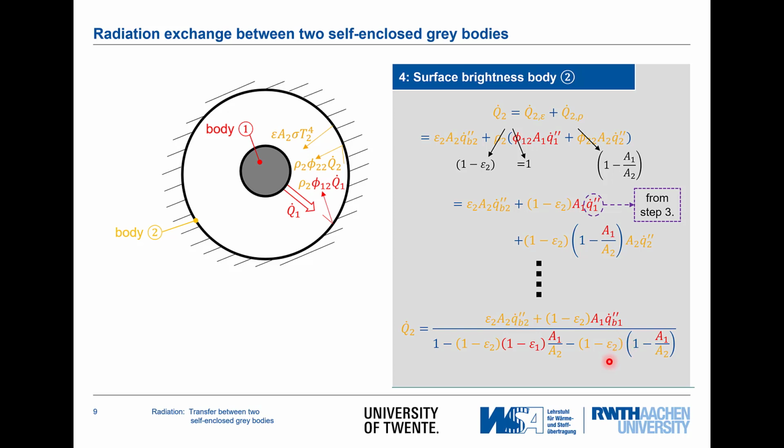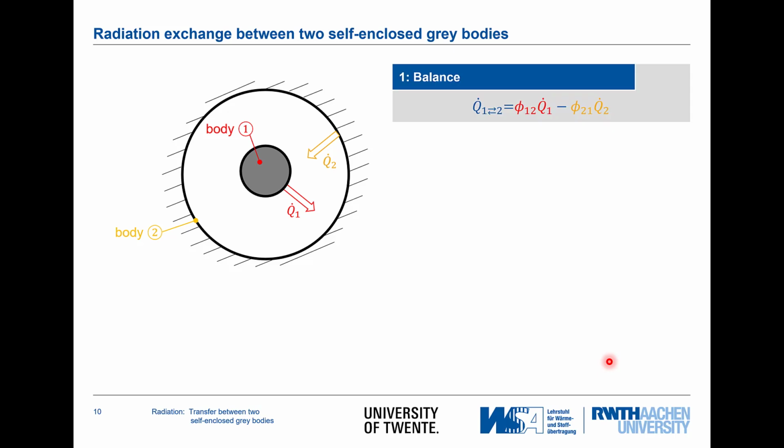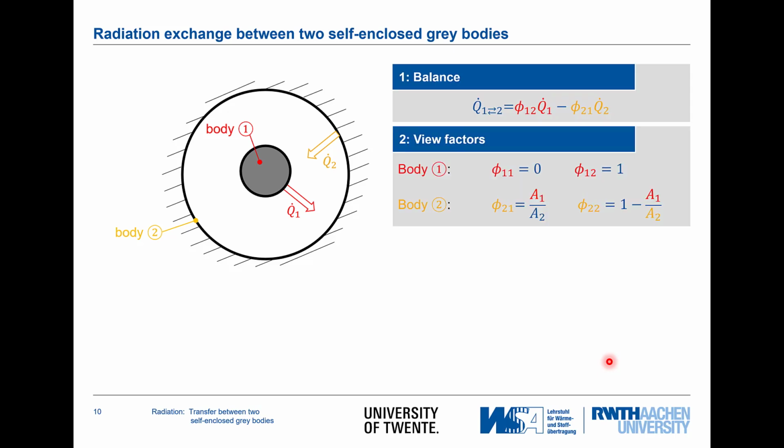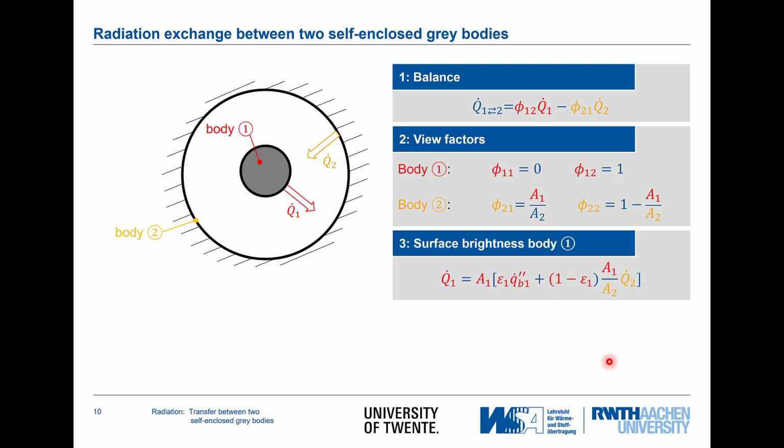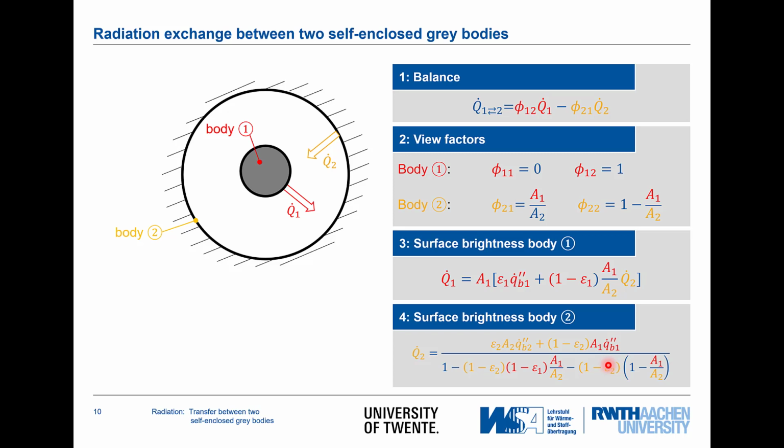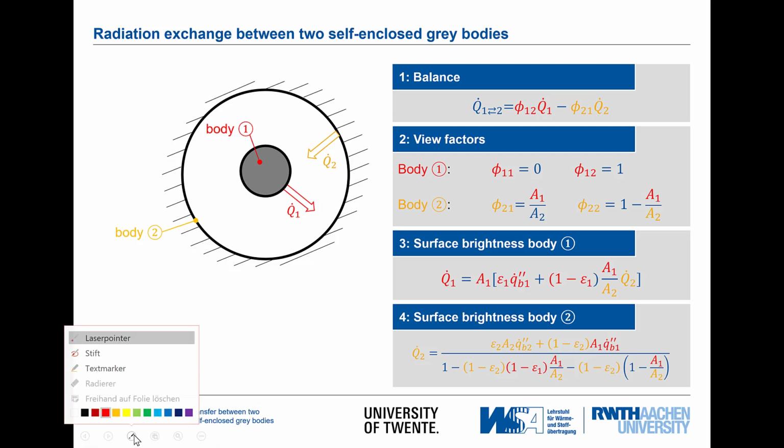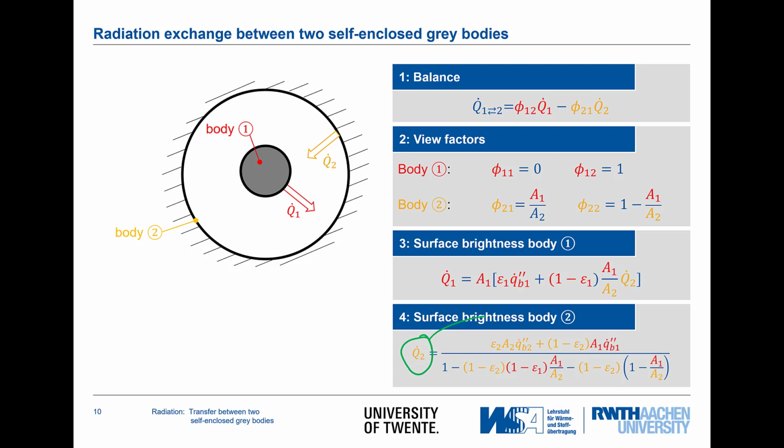Now let's put everything together. So the steps that we have done was first the balance. We have determined the view factors. We have calculated surface brightness of body 1, the surface brightness of body 2, and here now we have this q dot 2 needs to be inserted here in order to finally solve.